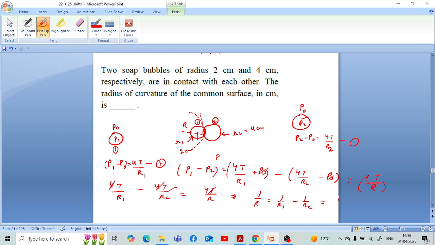Now putting the respective values of R1 and R2: R1 is 2, so 1 upon 2 minus 1 upon 4. Subtracting it, the LCM is 4, so we get 2 minus 1, which is 1 upon 4. So the common radius of curvature R comes out to be 4 centimeters.